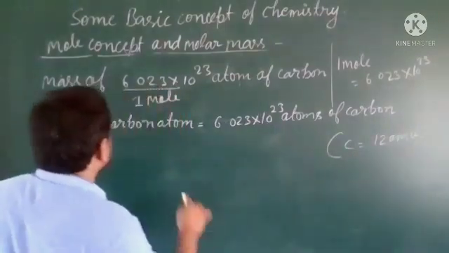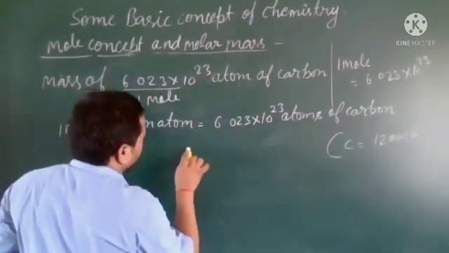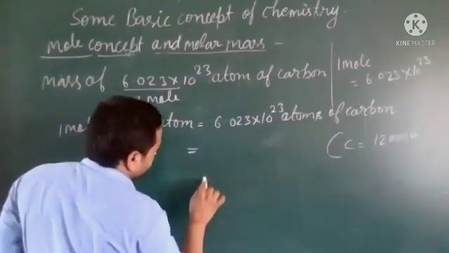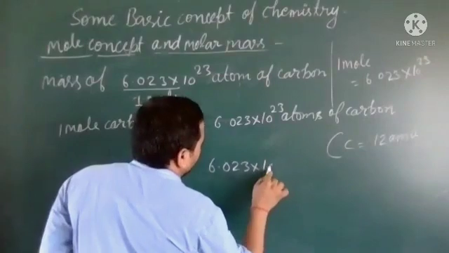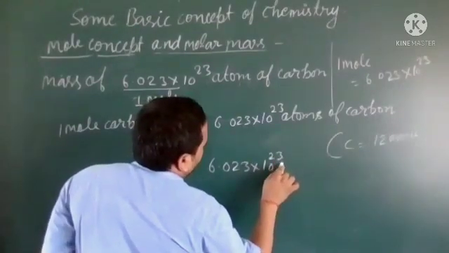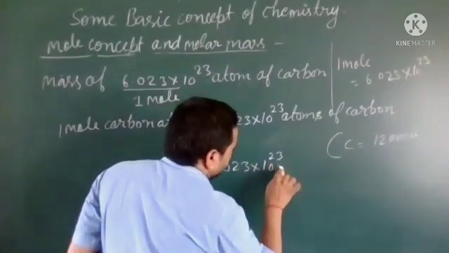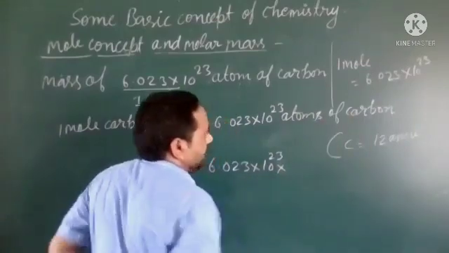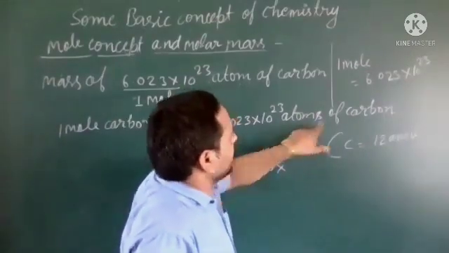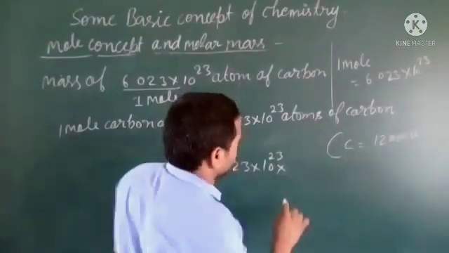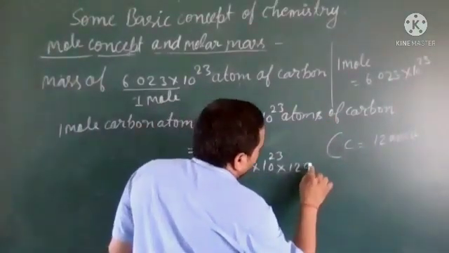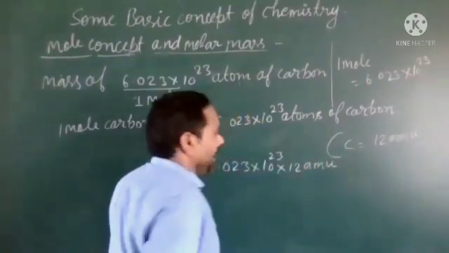So what I can do, I wrote this 6.023 into 10 to the power 23, into the mass of a carbon atom. One carbon atom mass is that much, so I can write 12 AMU.